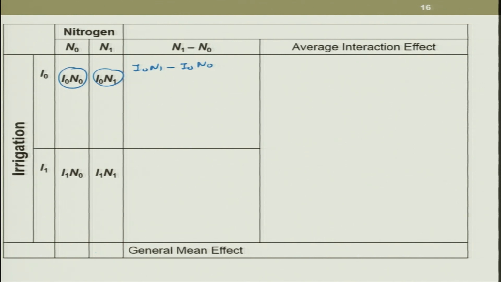Now, if you see what it is giving you, the level of irrigation is fixed at I0. So, do not you think that this difference looks like it is giving us the effect of nitrogen at irrigation level I0.